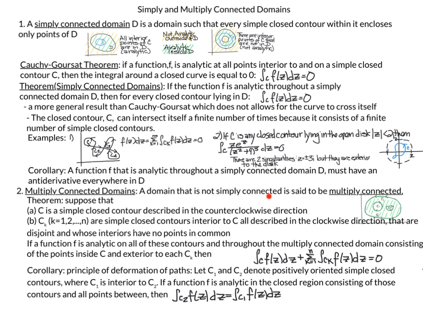So a domain that is not simply connected is by default said to be multiply connected.